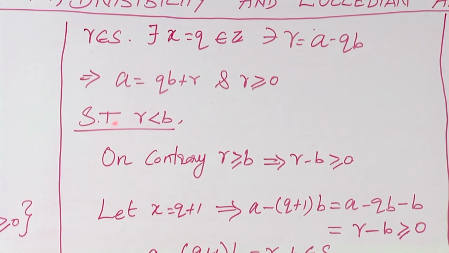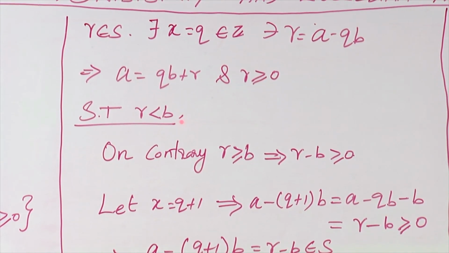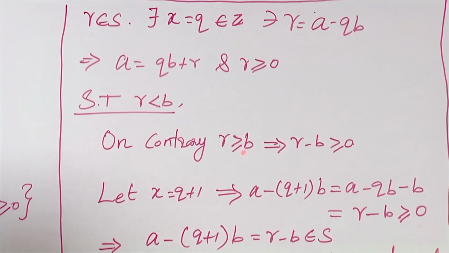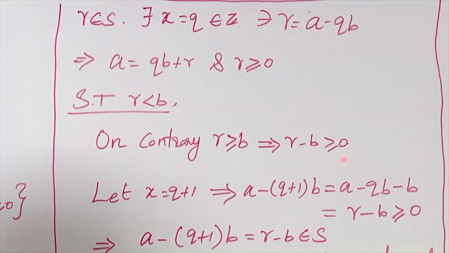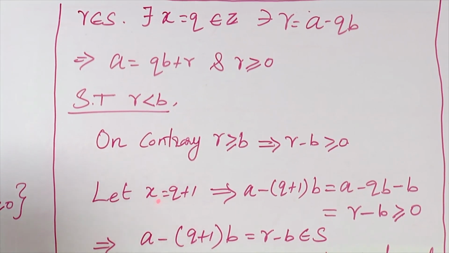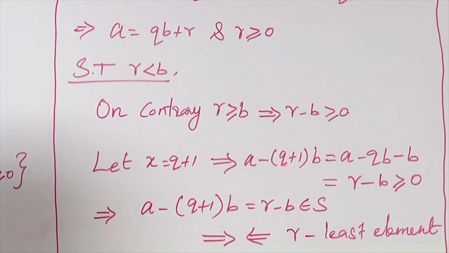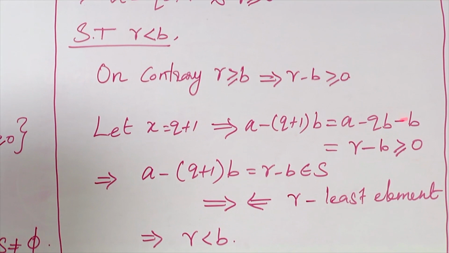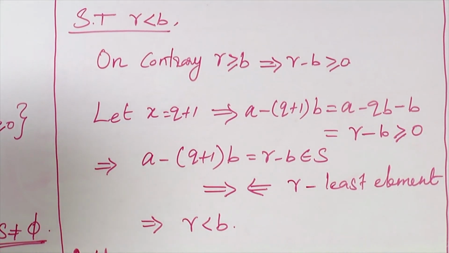Now, we are going to prove that the r that we obtained from here is less than b. So, suppose what happens if my r is greater than or equal to b? If r is greater than or equal to b, then r minus b will be greater than or equal to 0. Let us consider my x to be equal to q plus 1. Now, a minus (q plus 1)b is equal to a minus qb minus b. So, this a minus qb is r.